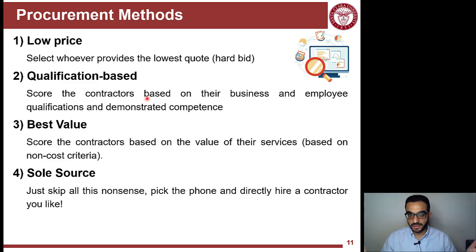But of course, big organizations have policies on how you are going to procure services, and they will define which way to use in which case. Of course, public is not always that restrained. So in emergency situations and disasters, you can actually deal with sole source or best value. You don't have to deal with lowest price, which has been the typical way in managing public projects.